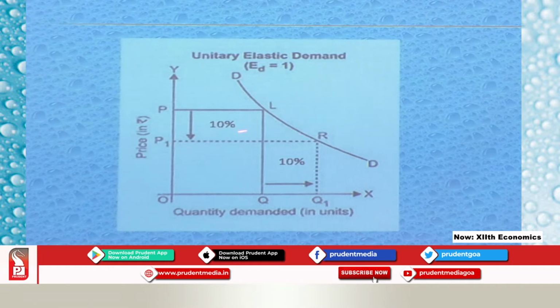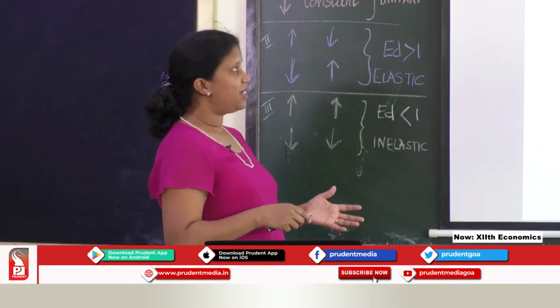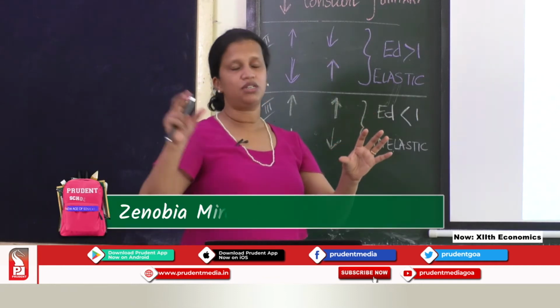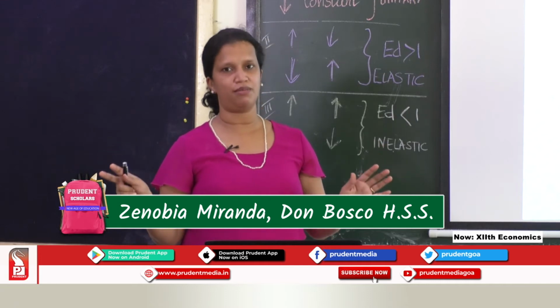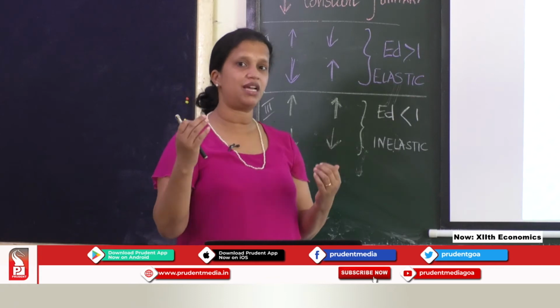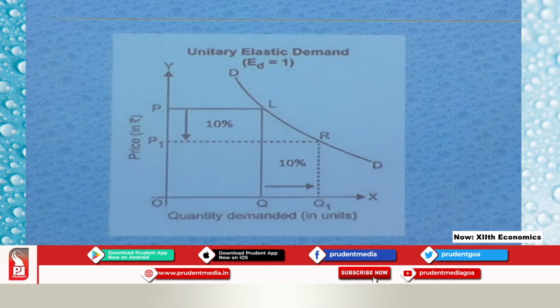That means this area here must be equal to this area here. Okay. So, now unitary elastic demand tells you what? Price is changing by a certain amount, quantity demanded is also changing by the same amount. Therefore, ED value will be the same. So, both variables are changing in the same proportion. So, demand is equally sensitive to the change in price.